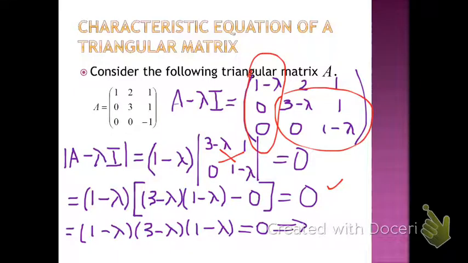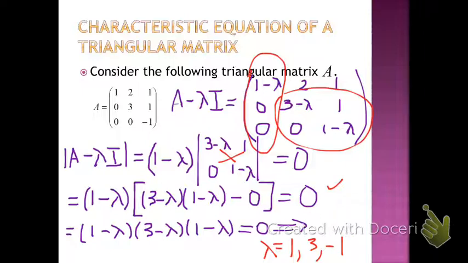And simplifying, we notice that we will have lambda equal to 1, 3, and negative 1.